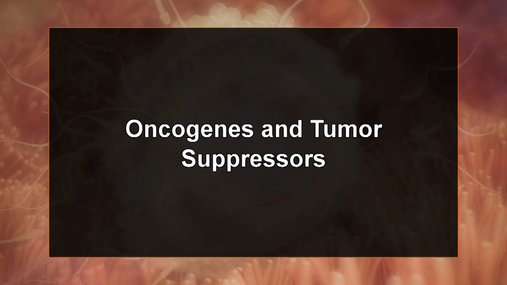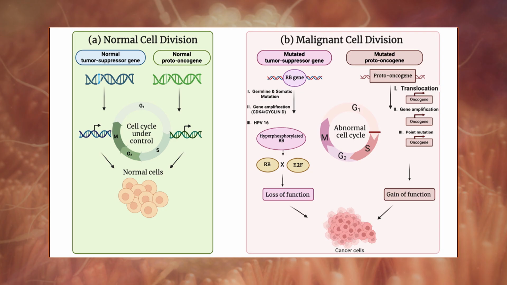Then oncogenes and tumor suppressors. Oncogenes such as rat sarcoma viral oncogene homolog, RAS, myelocytomatosis viral oncogene homolog, MYC, and human epidermal growth factor receptor 2, HER2, drive uncontrolled proliferation, whereas tumor suppressors like tumor protein TP53, the guardian of the genome, and retinoblastoma 1 gene, RB1, normally restrain growth and safeguard the DNA.